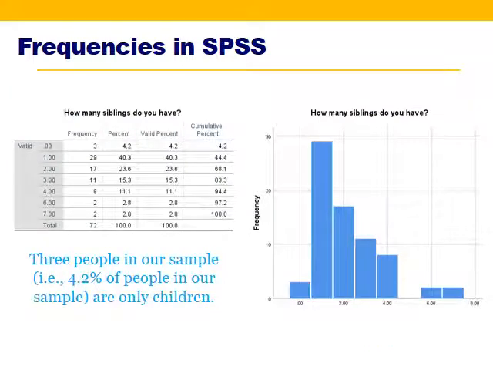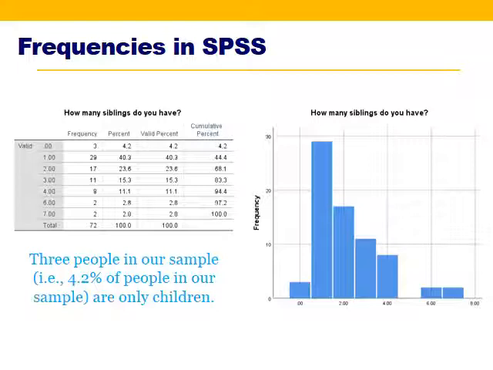And when you do this, this information will pop up in a new window that's called the Output window in SPSS. First, you'll see the frequency table on the left, or something that looks very similar to it. That tells us that there were 72 total people in the class. So at the very bottom where it says total, you'll see there were 72 total people.